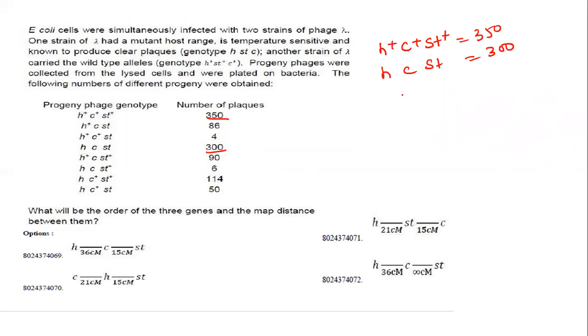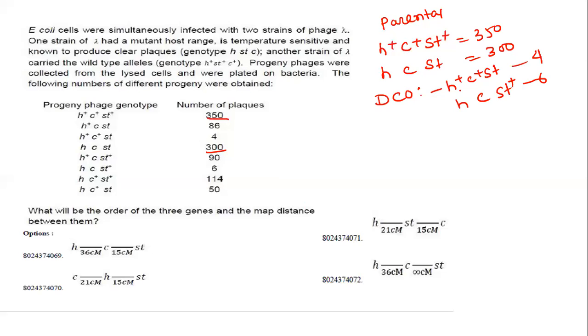Now the DCO, double crossover products, are the lowest number: H plus C plus ST, and the other is H C ST plus. These are 6 and 4, right?